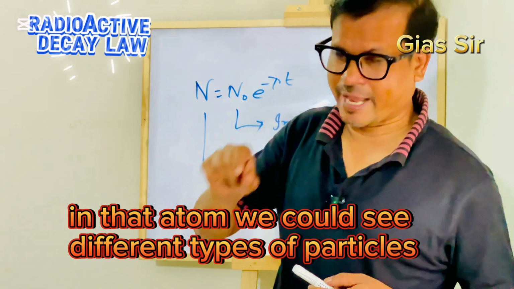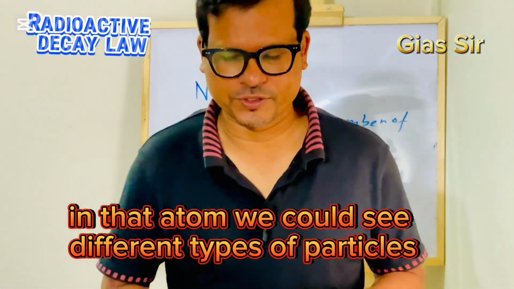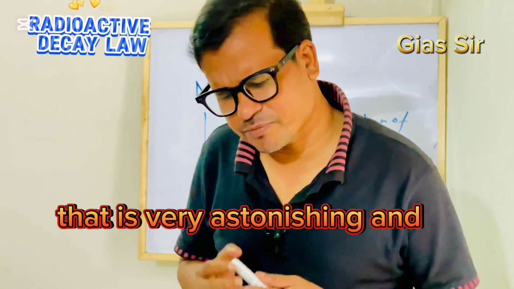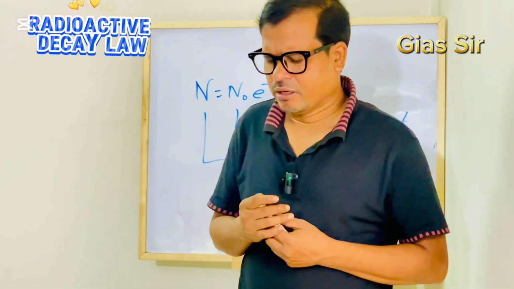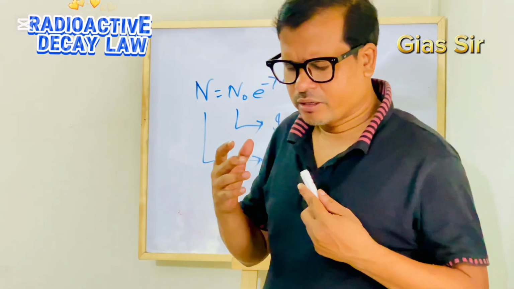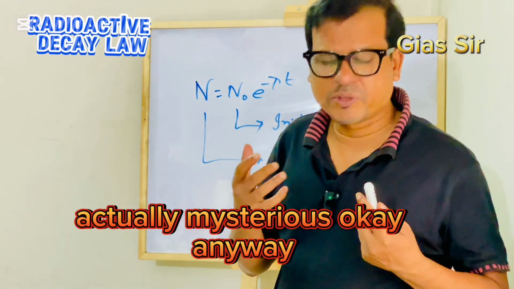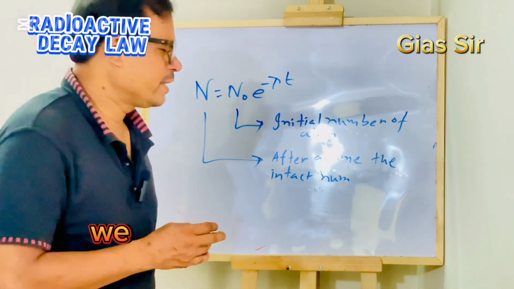Moreover, in that atom we can see different types of particles. That is very astonishing, wonderful, and mysterious. Anyway, N equal to N naught e to the power minus lambda t.